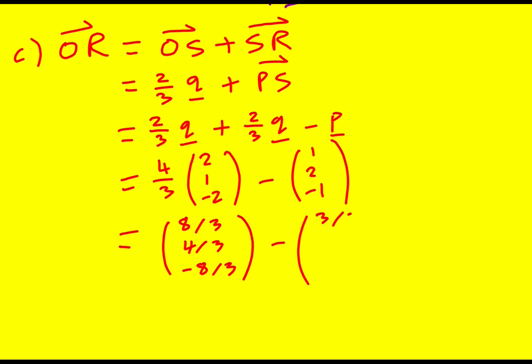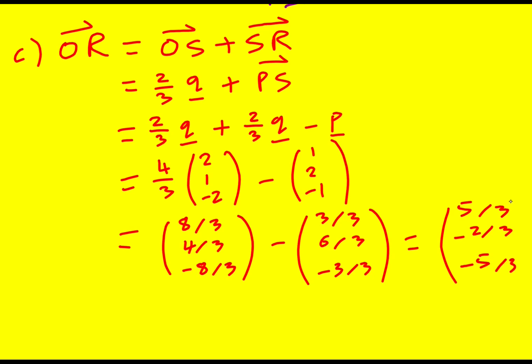I'll just write these out as fractions. Then I'm minusing a minus, so I'm adding. So this is the position vector of R.